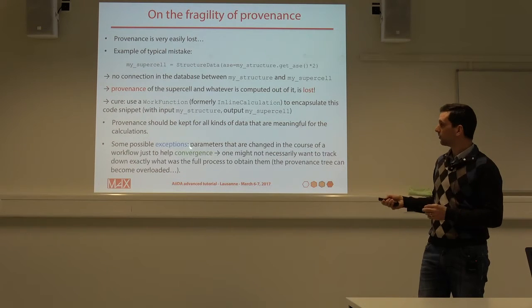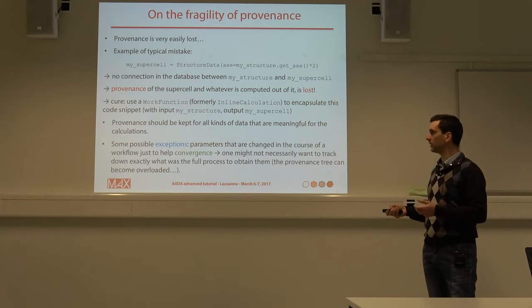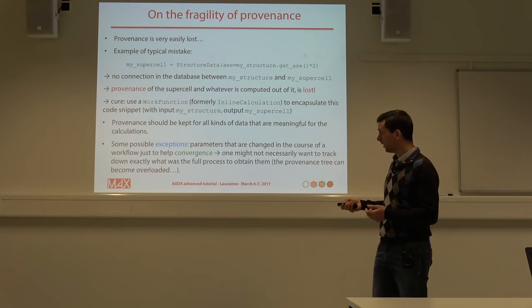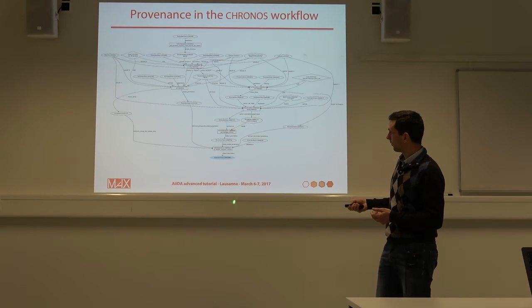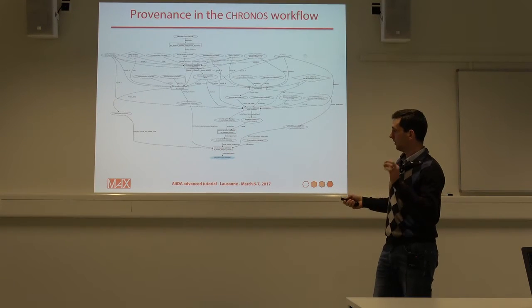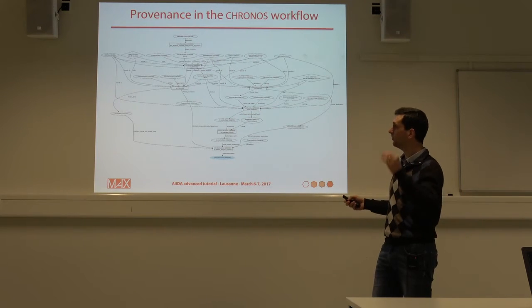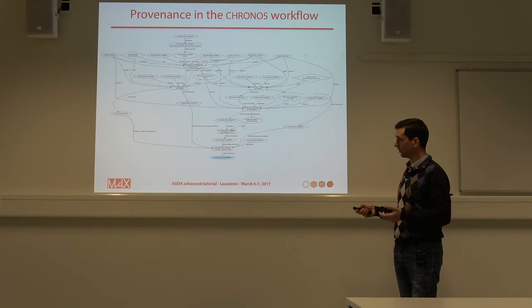But all the important stuff, like the really meaningful parameters, the structures, all these things should really be connected. Otherwise, you just lose the essence of what is AiiDA, that is trying to reproduce stuff. So just as an example, again, in this workflow, what you end up is being able to define some magnetic moment that you can then reuse to compute the magnetic ground state of the structure.